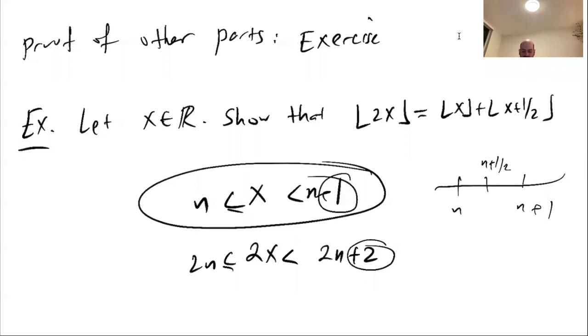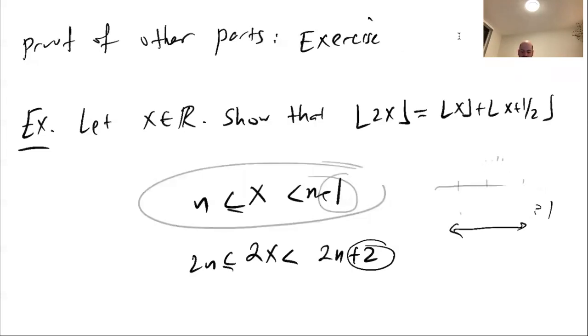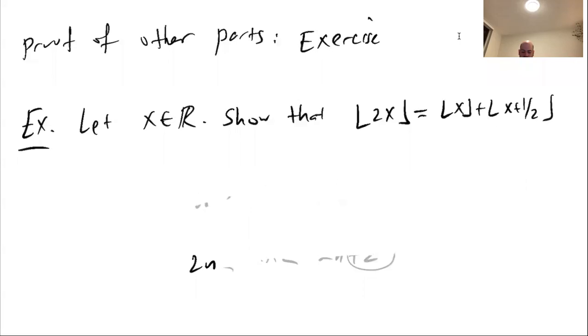So again, the idea is that this gap between n and n plus 1 is too big. I won't be able to calculate floor of 2x. But if I divide this gap into 2 smaller gaps, then I can fix this issue. So how can I write my proof then? I explained the idea. Now the solution or proof.